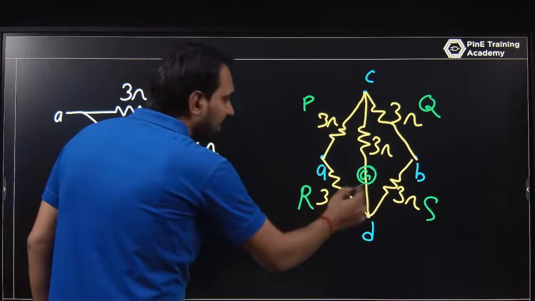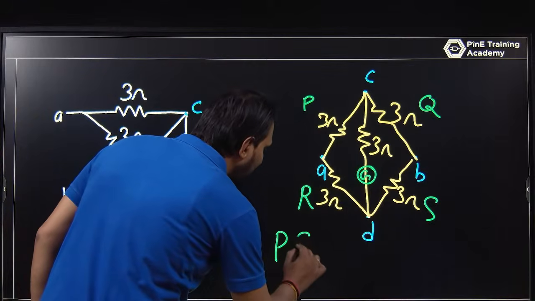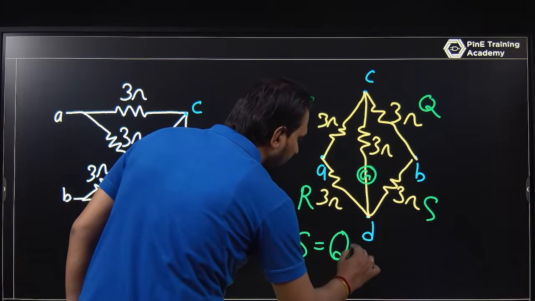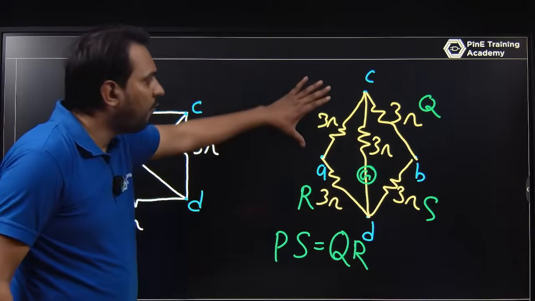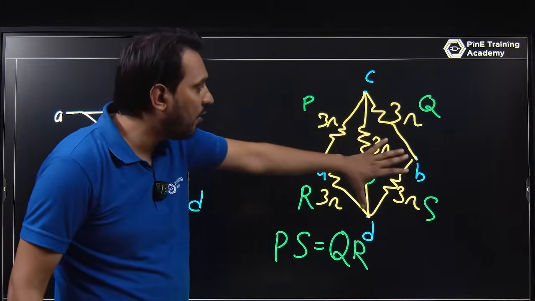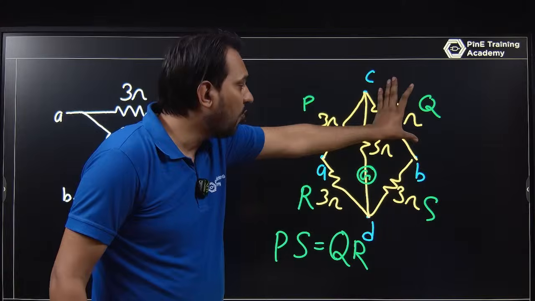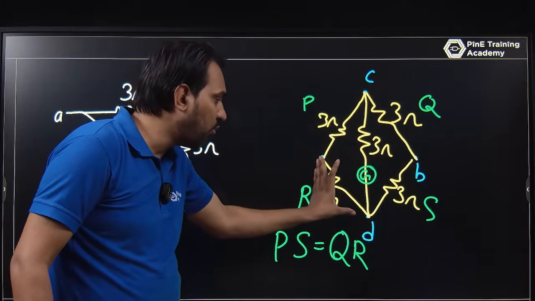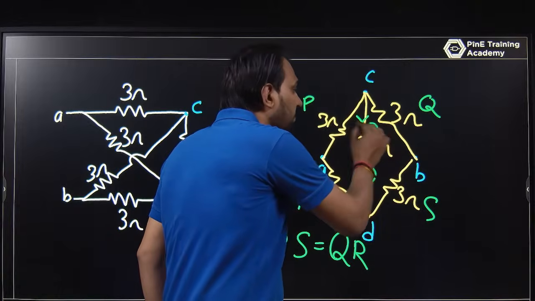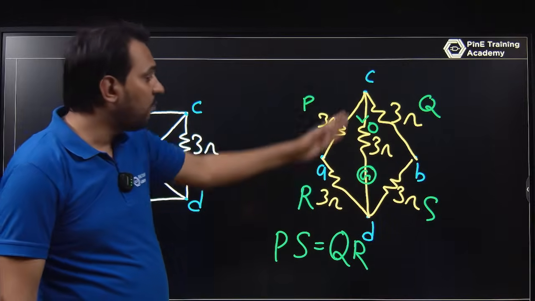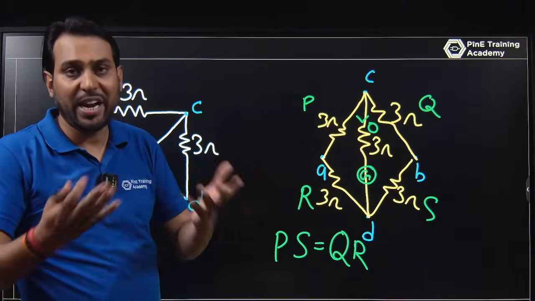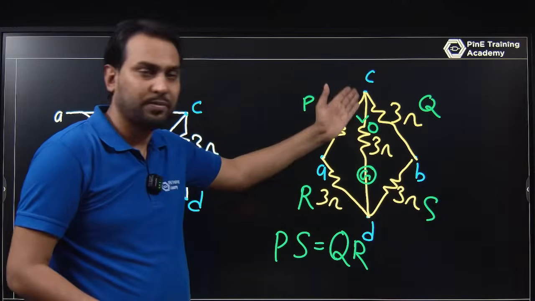If P into S is equal to Q into R, the product of those impedances equals the product of the other two, then the current is 0. And if the current is 0, that means it is an open branch.